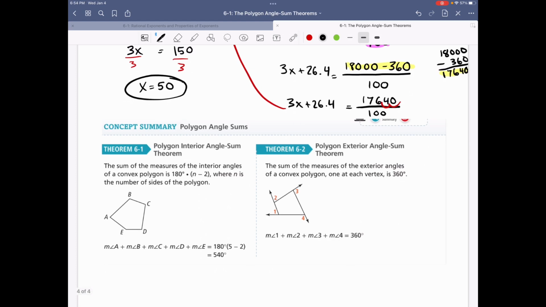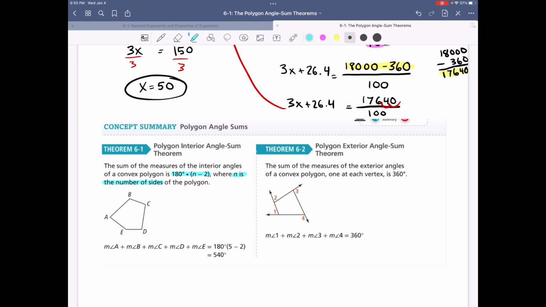We have a concept summary, what you should remember from this section. We have polygon interior angle sum: the sum of the measures of the interior angles of a convex polygon is 180 degrees times n minus 2, where n is the number of sides of the polygon. And then they give an example.